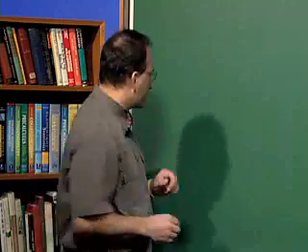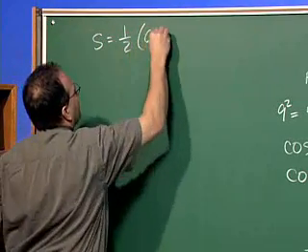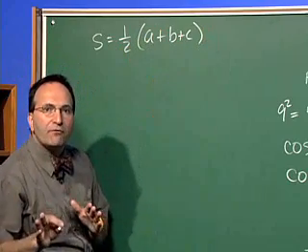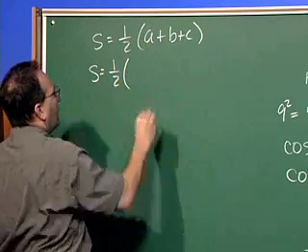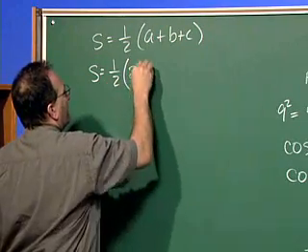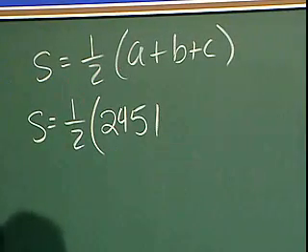Well, the first thing we need to do is calculate the semi-perimeter. And remember, the semi-perimeter, little s, is equal to half of the sum of the lengths of the sides. So therefore, I need that little s is going to be 1/2 of each of those distances. So we have from Los Angeles to New York is 2,451 miles.